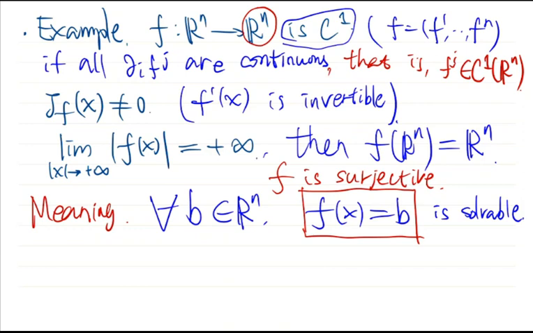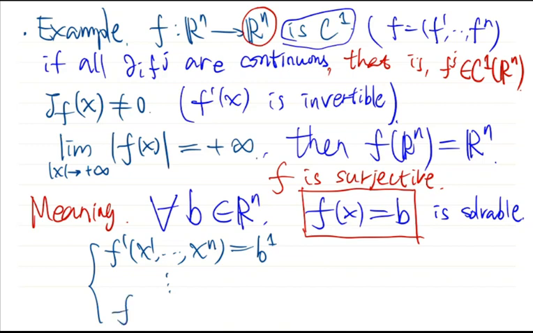But we can write it component-wise. This equation is exactly a system of n equations of n unknown variables. So this is a system of equations, and all the equations might be nonlinear.